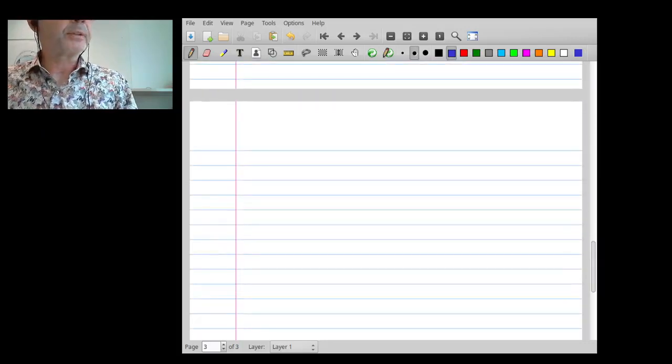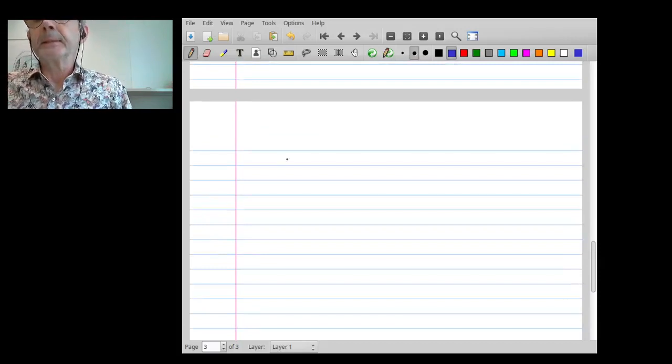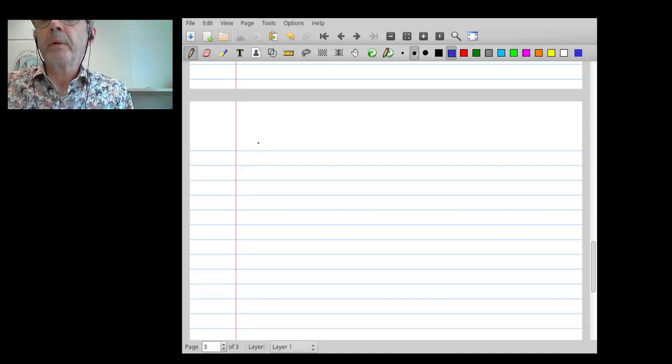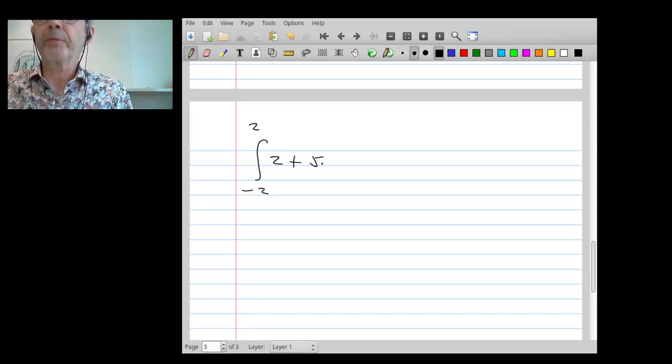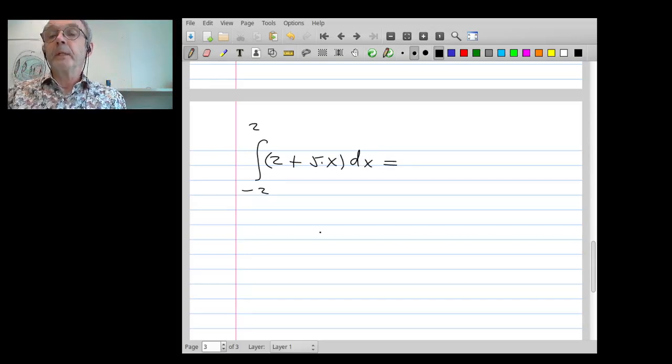Some examples about how you can do such integrals. For instance, somebody asks you to calculate the integral from -2 to 2 of the function 2 plus 5 times x dx. But what do we see then?